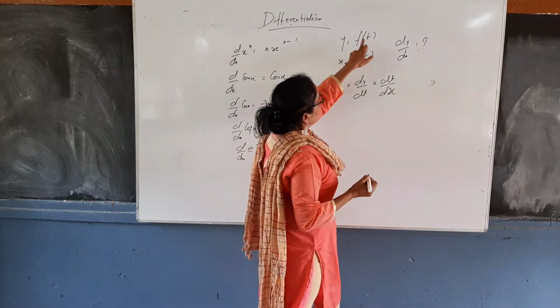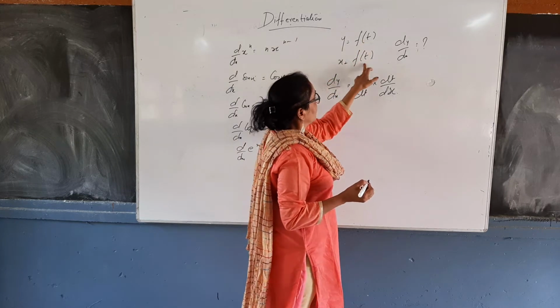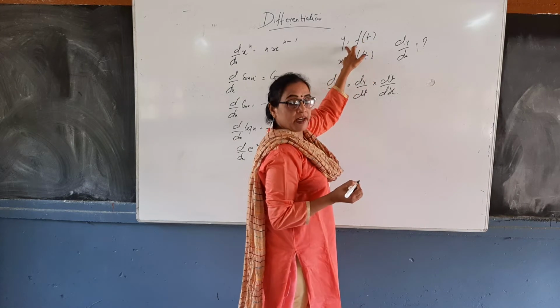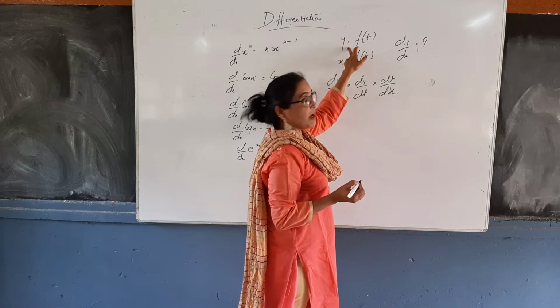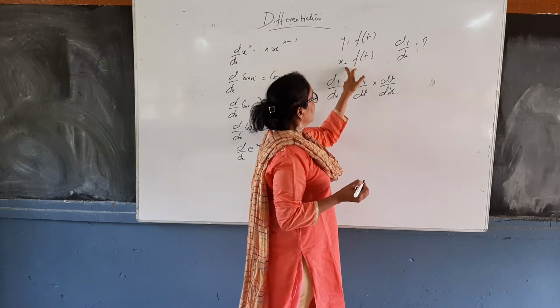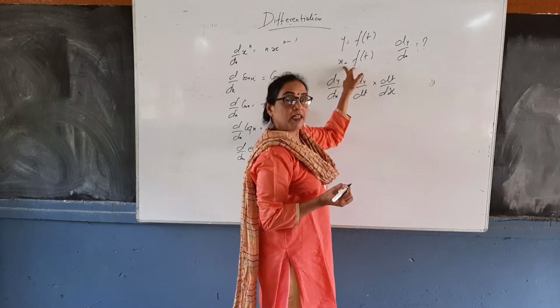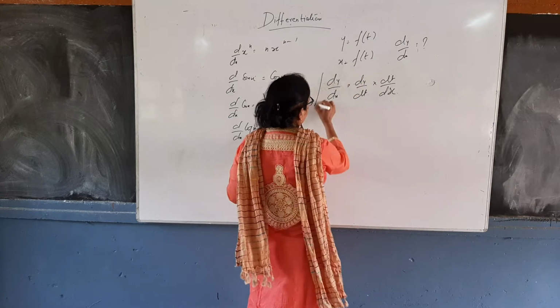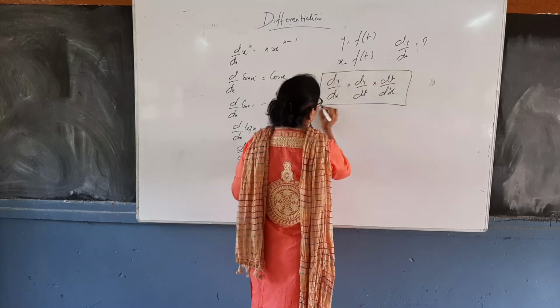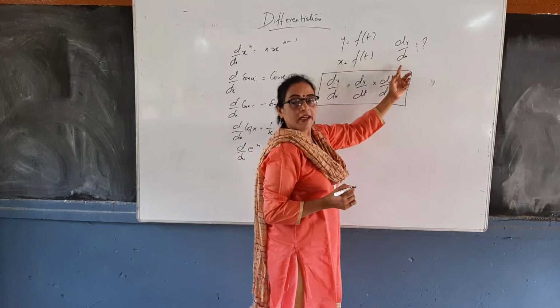That is, y is a function of t here and x is also a function of t. So we will separately find the value of dy by dt, and similarly we can find dx by dt. Then we will use this. This is the chain rule, so we will get dy by dx.